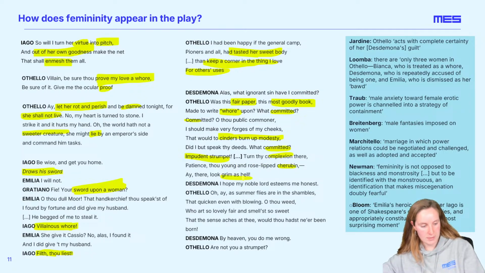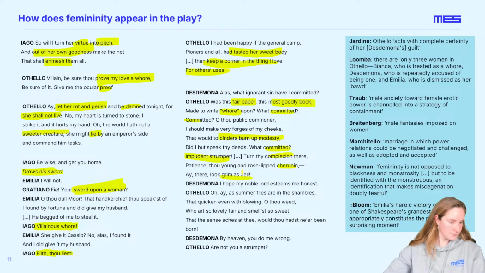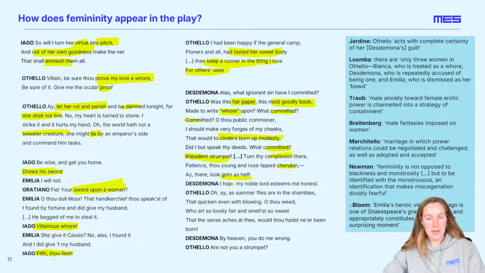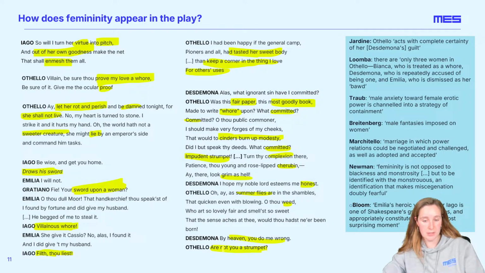I there look grim as hell. I hope my noble lord esteems me honest. O I, as summer flies are in the shambles, that quicken even with blowing. O thou weed, which art so lovely fair, and smellest so sweet, that the sense aches at thee, would thou hadst never been born. By heaven you do me wrong. Are you not a strumpet?